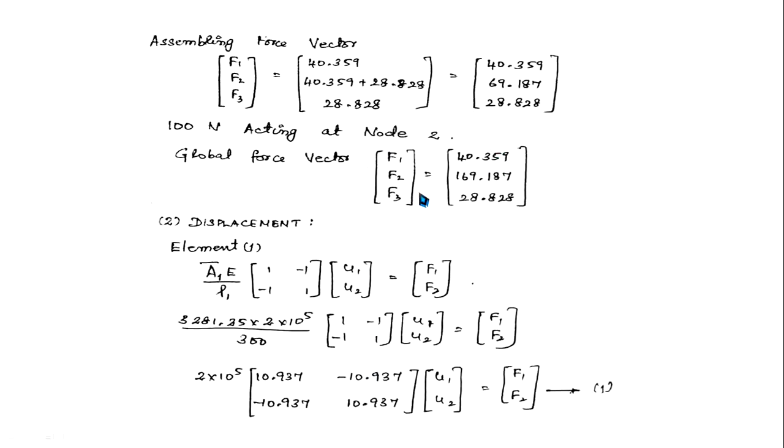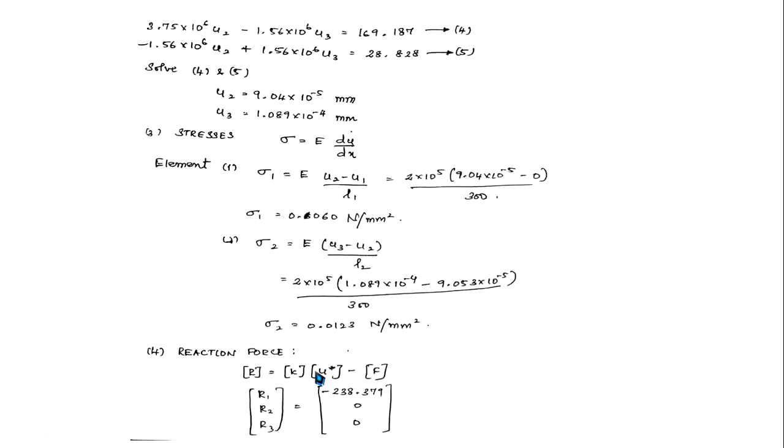This is your F. Your K will be a 3 cross 3 matrix, whereas your U will be a 3 cross 1 matrix. When you multiply this, you will get a 3 cross 1. F is already a 3 cross 1, so 3 cross 1 minus 3 cross 1, you will have your final reaction force. It will be in Newton.